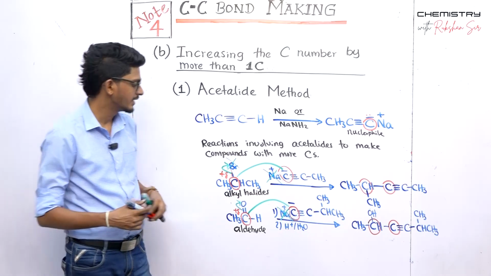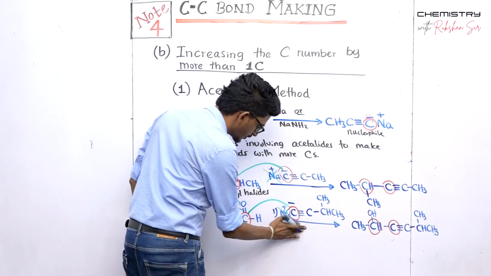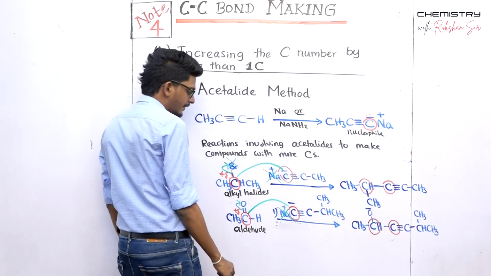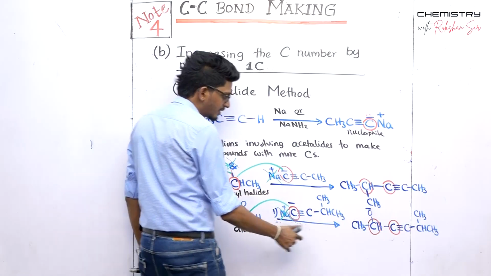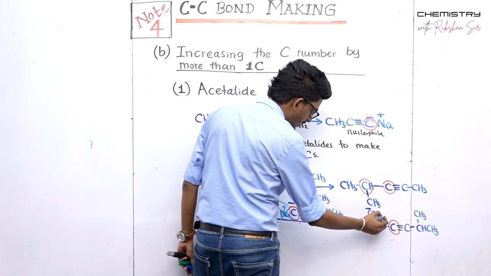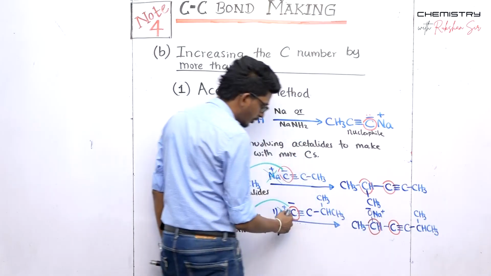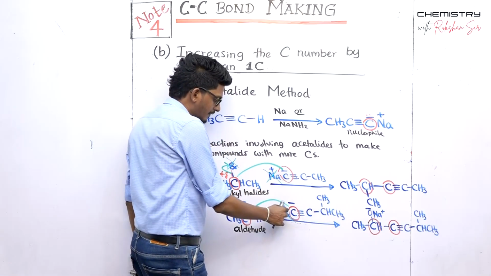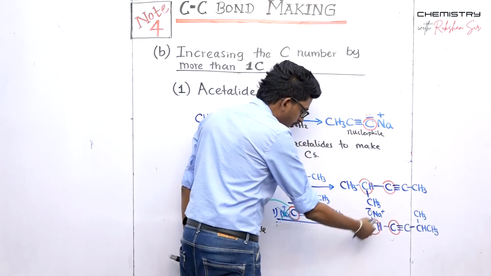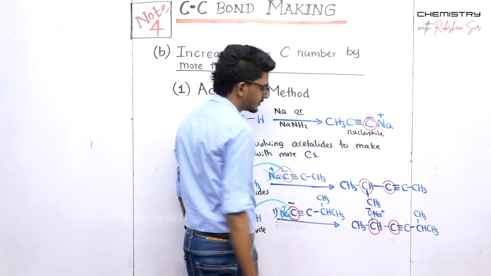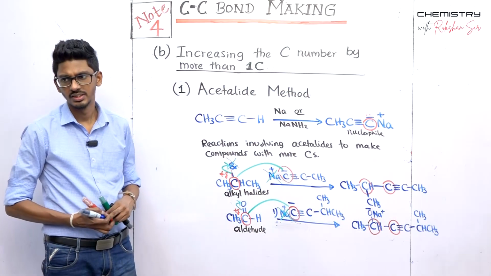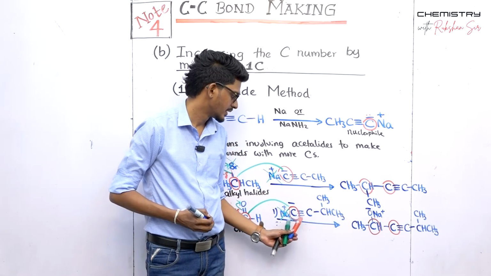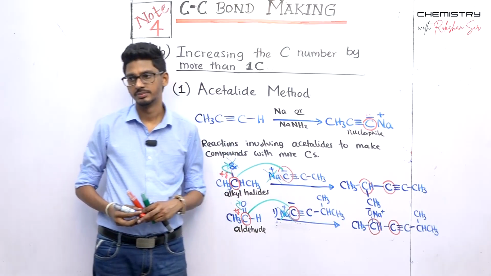If you're not adding H plus H2O, this will be O minus, and the Na plus which leaves from here will be attracted towards the oxygen to form a salt like this. Both are okay. If you need an H here to come up as an alcohol, you can use some H plus H2O acidic workup.